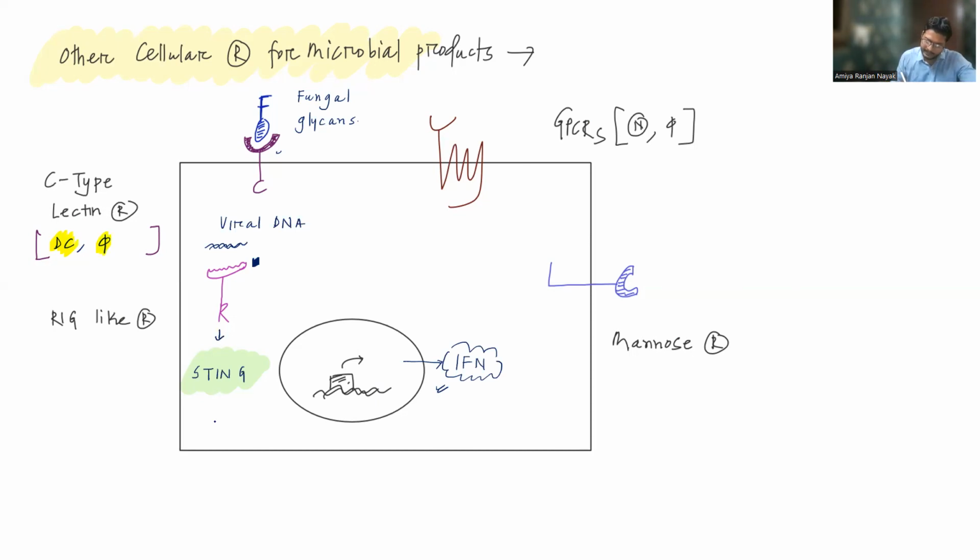And if there is a gain of function mutation, which can cause increased activity of this STING pathway, it is going to produce a particular type of disorders known as interferonopathies.